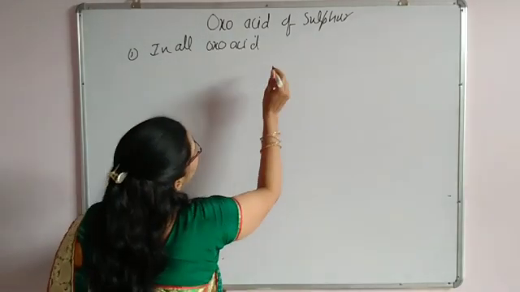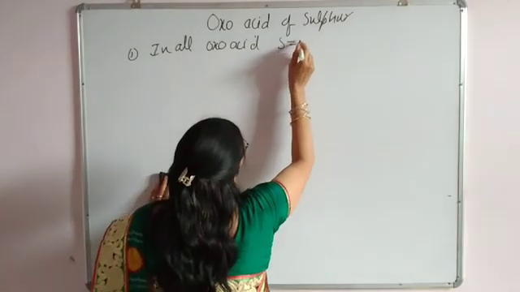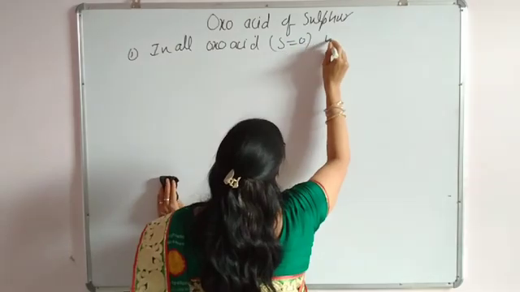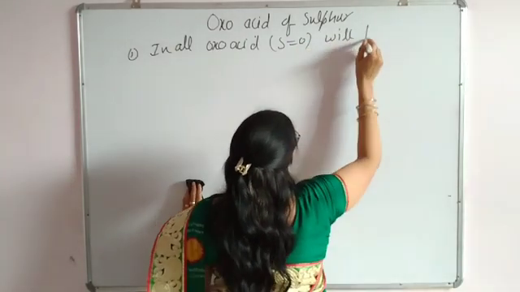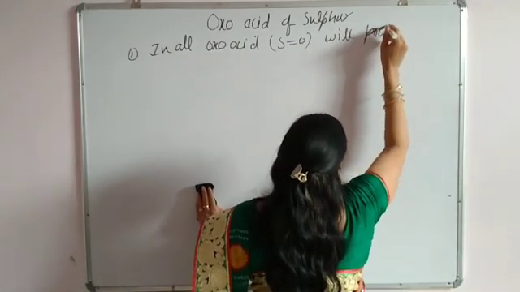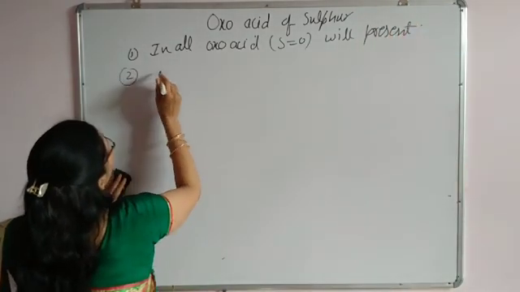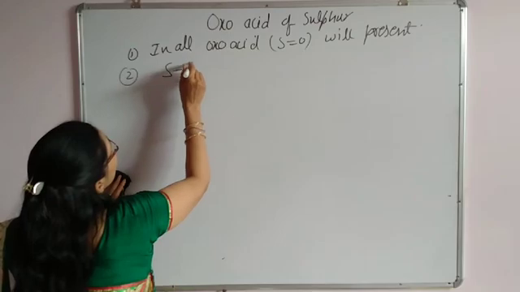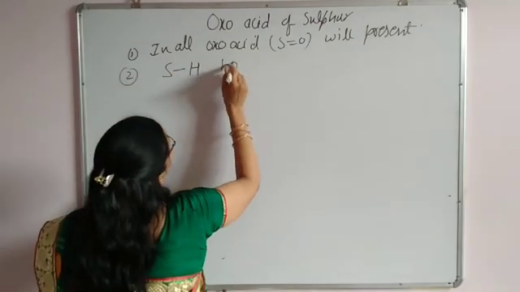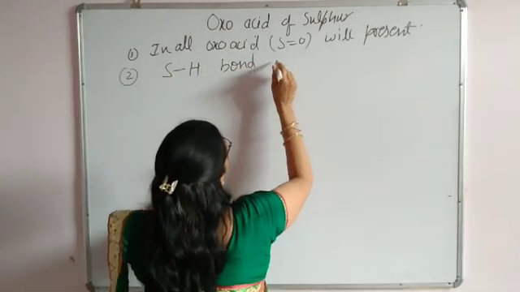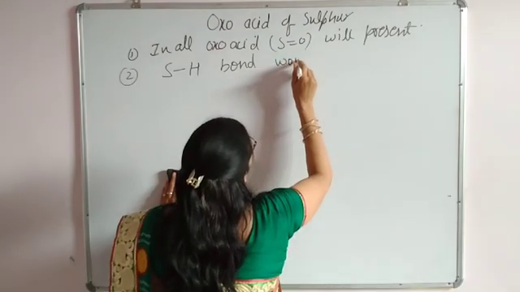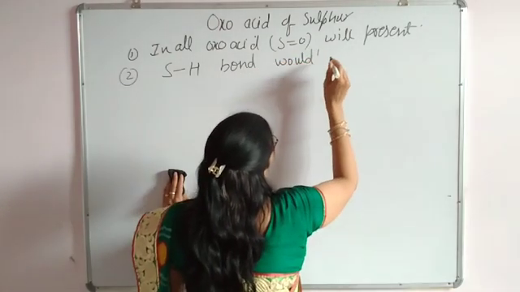So in all oxo acids, a sulfur double bond O will be present, either 1 or 2. An SH bond won't be present.